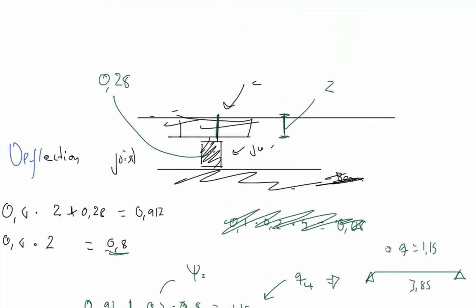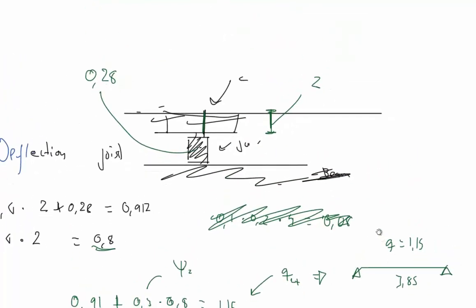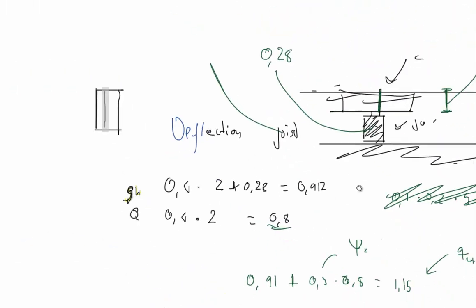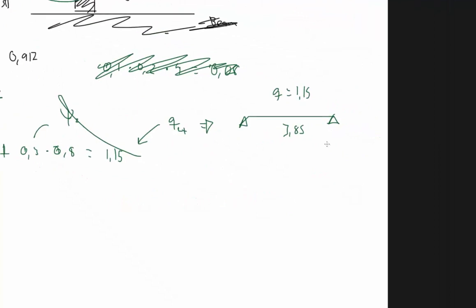Which one is this? With the joist it is 3.8. No, it shouldn't be like that. It should be times 2, no? Sorry, this should not be 2 because there's a joint between, so it doesn't matter. Even though the total is like that, the deflection is here and here, it stops like that.